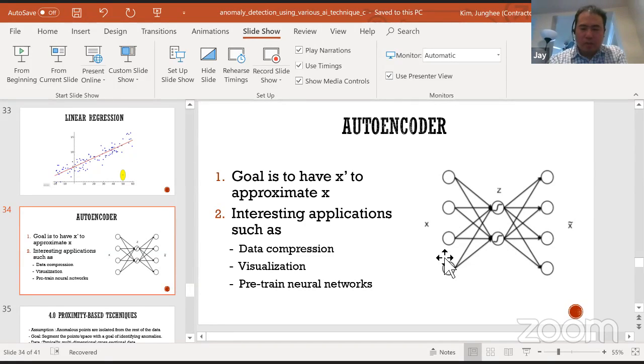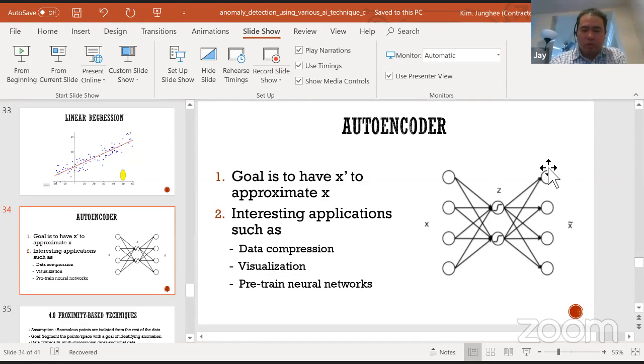It's 4 nodes, and then the middle part is 2 nodes. That means it's compressing the data into latent space, and after that the data is going back to normal, generating the data back to the output.